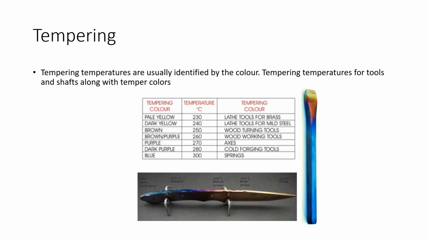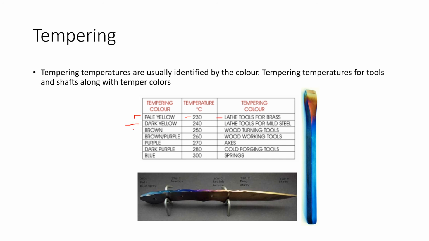Temperatures are usually identified by color. Temperatures for tools and shafts, along with the tempered colors, are given in this table. Pale yellow represents a temperature of 230 degrees centigrade for lathe tools for brass.